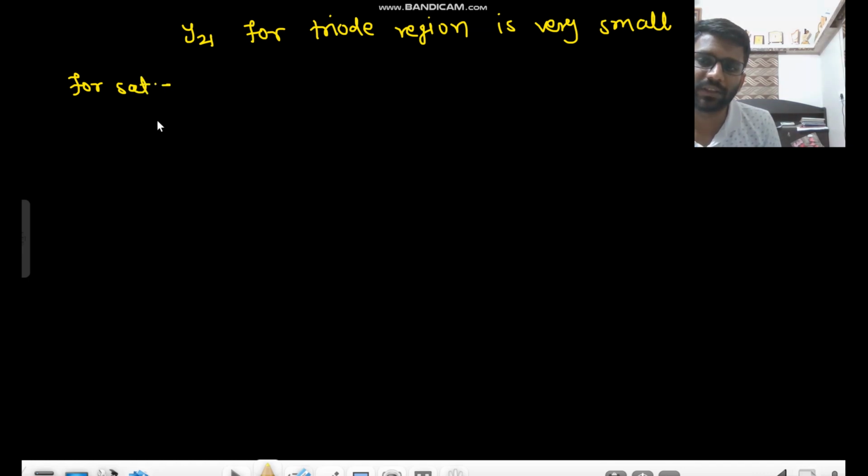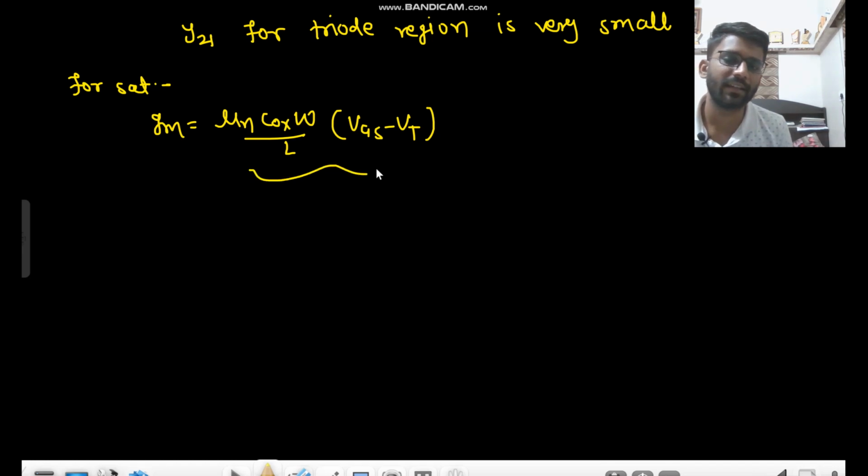Now consider the saturation region. For saturation region, what is gm? Mu n COX W by L VGS minus VT. So that's a good value, right? How can you say that? What is ID versus VGS?